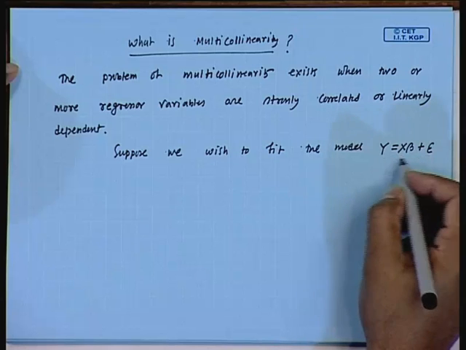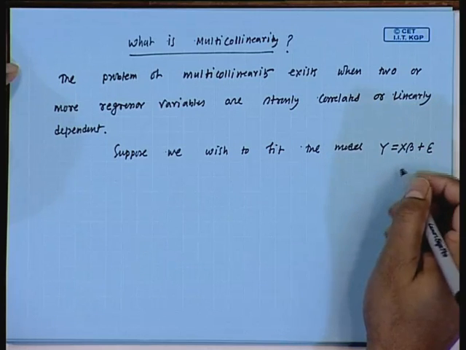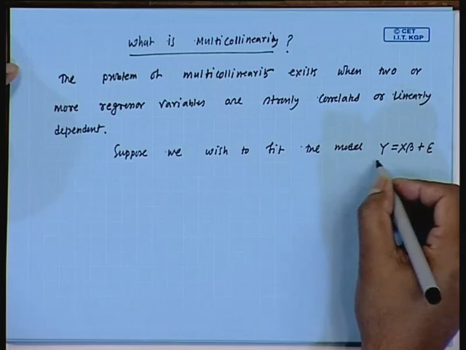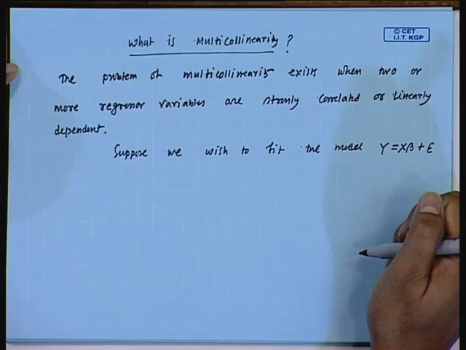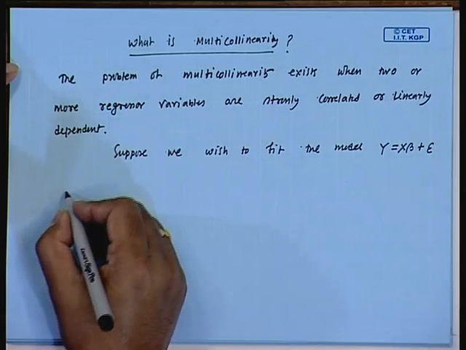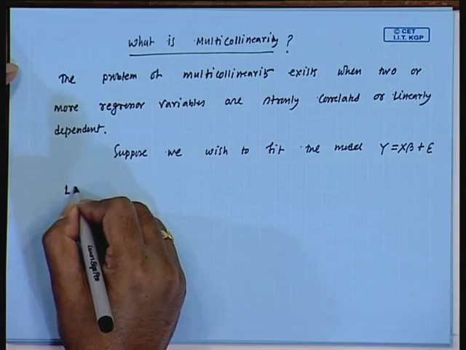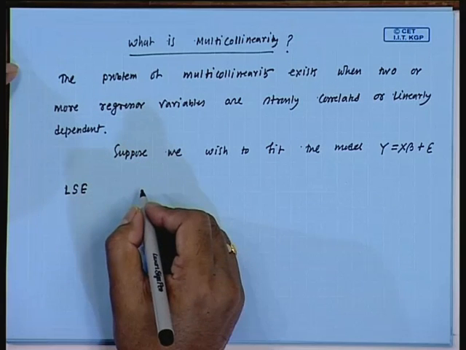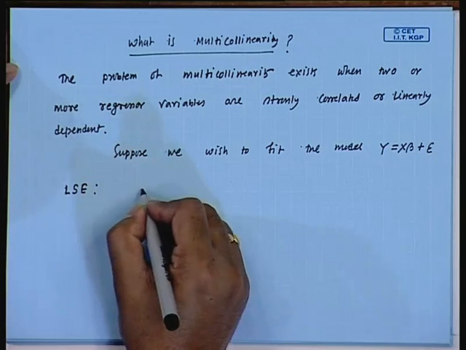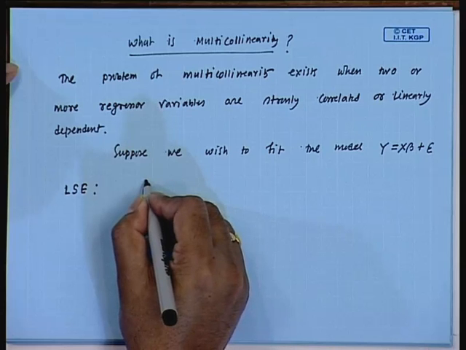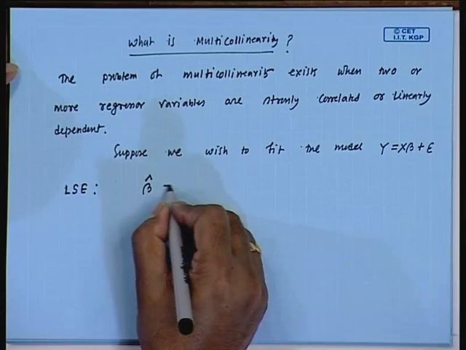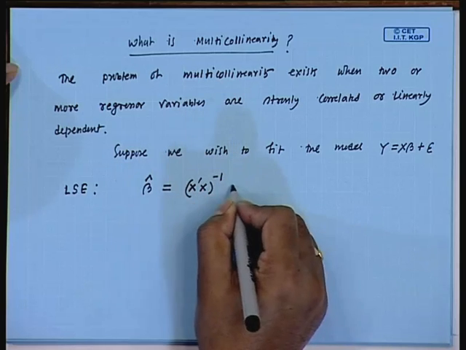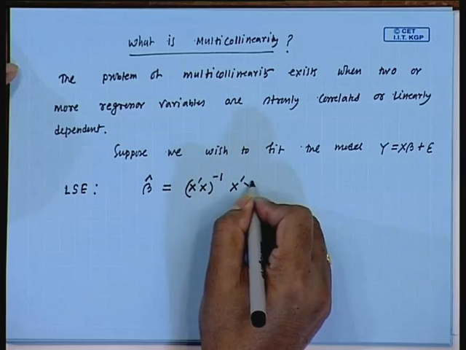This is the matrix form of multiple linear regression, and there are k minus 1 regressors and one response variable. Okay. So, we know that the least square estimate of beta is beta hat equal to X prime X inverse X prime y.